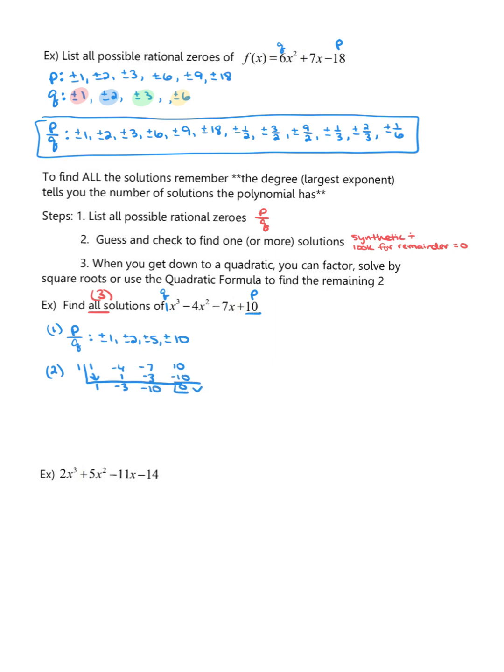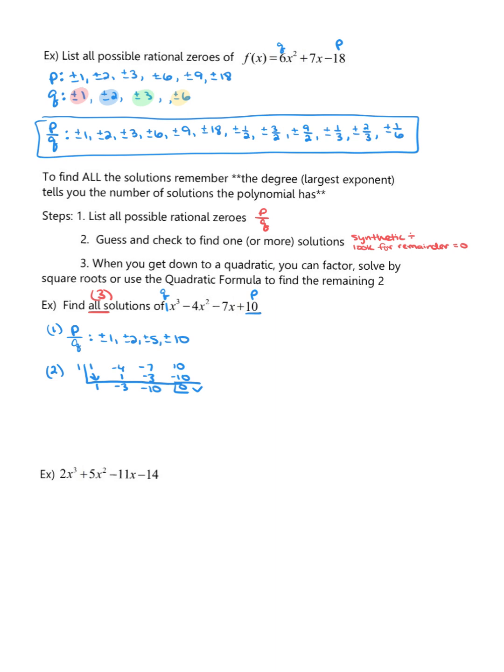Okay, and I got this one on the first try. That's not always going to happen. If it didn't work, then I would try -1 next. If that didn't work, I would try 2 and -2, 5, -5. You don't have to go in order. You can choose anything from your p over q list.